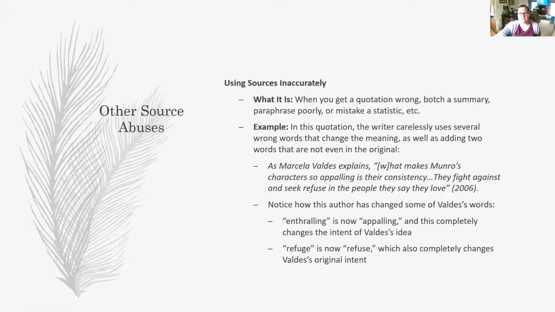So again, this goes back to making sure you fully understand what the source is saying, but also not to make any typos, not to make any errors when you're taking a direct quote, or even if you're paraphrasing it. Make sure that you're being accurate. That's really more about not only fully understanding, but just being careful and taking your time.